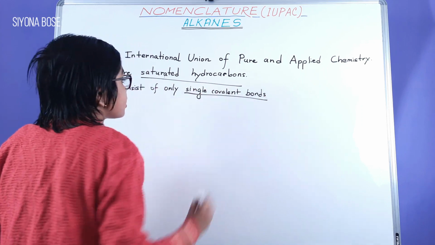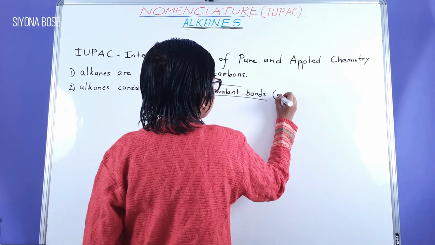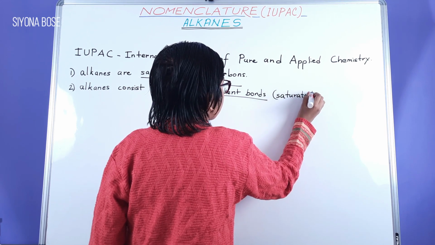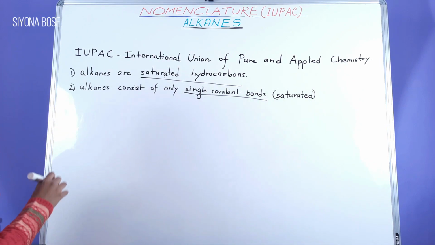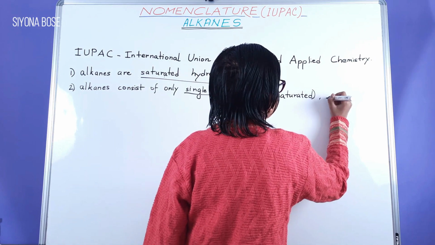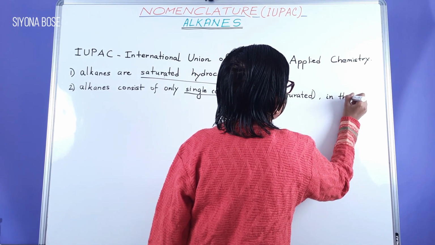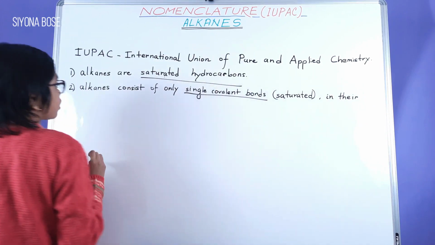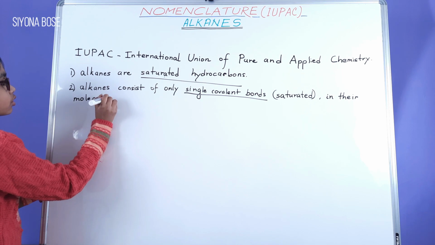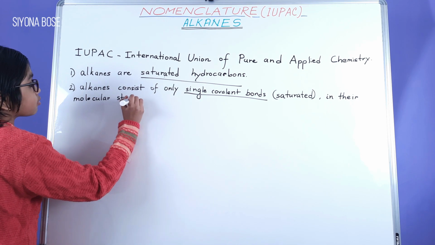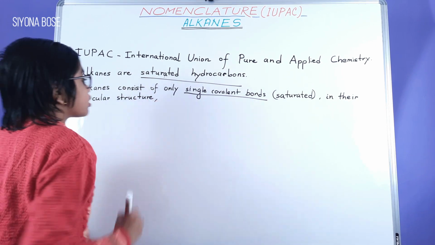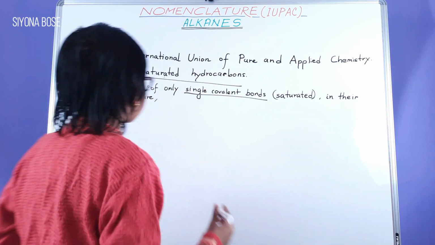That means it is saturated. Alkanes consist of only single covalent bonds in their molecular structure. No double bonds and no triple bonds.